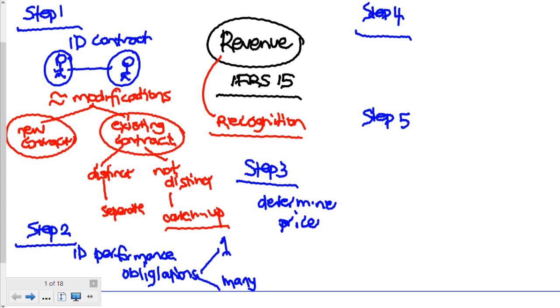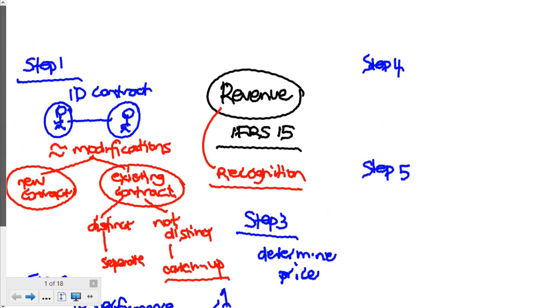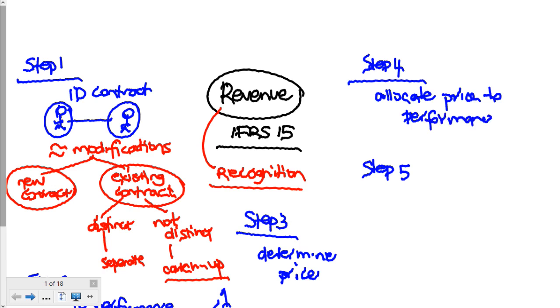So step four, if there was one price and many performance obligations, is the process whereby we allocate price to performance obligations. And we're going to look at some examples of that.